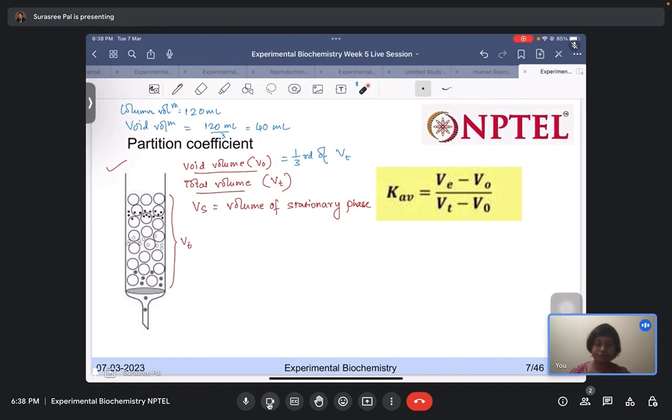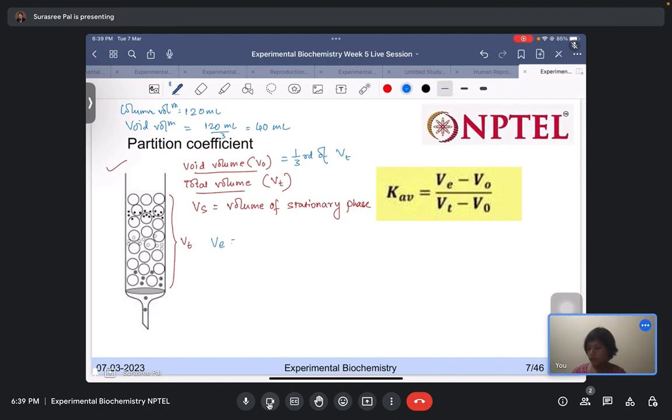Stationary phase means the volume of the porous beads, right? Now the partition between the mobile phase and the stationary phase is given by this particular equation, which states that K average, or the partition coefficient, is equal to VE minus V0 divided by VT minus V0. What is VE?